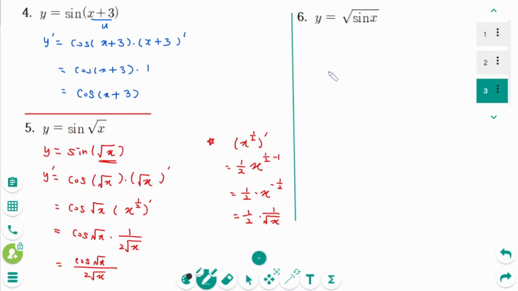Number 6, we can rewrite as y equals sine x to the power of 1 over 2. Think of it as y equals u to the power of 1 over 2. Then y prime equals 1 over 2 u to the power of 1 over 2 minus 1 times u prime. The inner function is sine x.